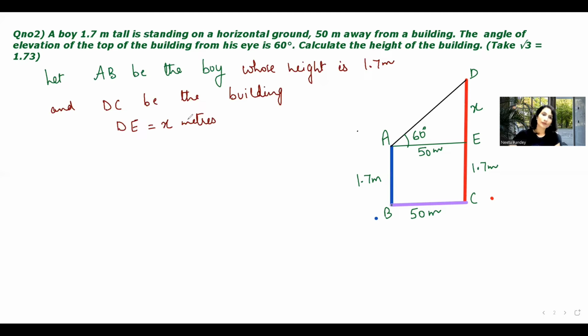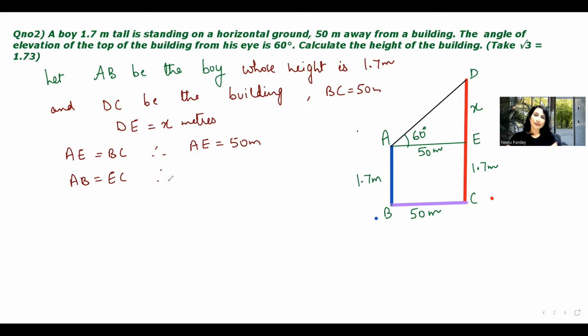Now we can easily find here, you can write AE is equal to BC. Therefore, AE is equal to 50 meters. You can also mention BC is equal to 50 meters as it is given in the question. And then also we can write AB is equal to EC. Therefore, EC is 1.7 meters.